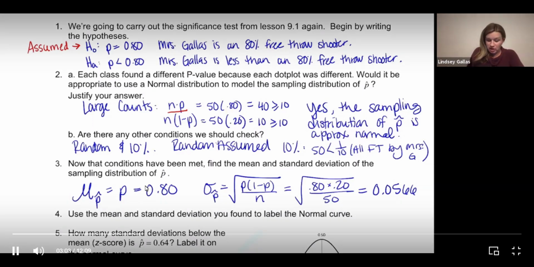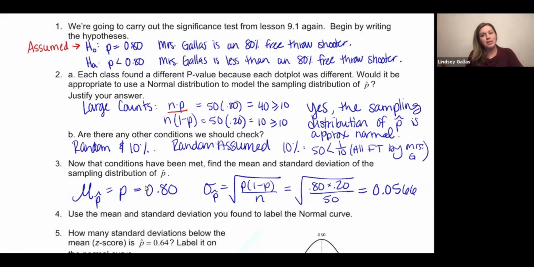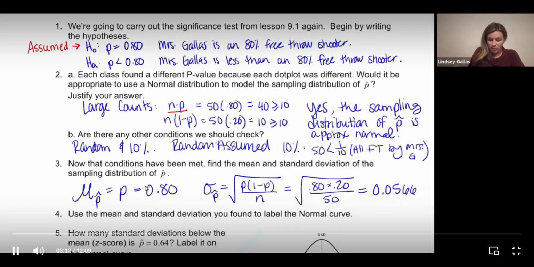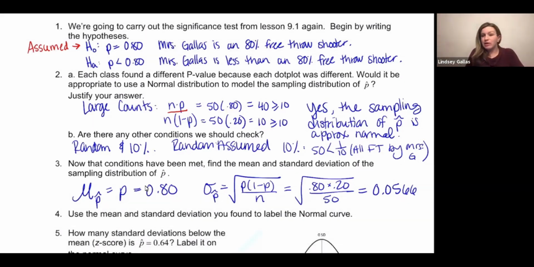For large counts here, make sure you're noting that you're doing n times p and not p hat. I filled in 0.80 and 0.20 for both of those. Both are greater than or equal to 10, so I can use a normal distribution to model the sampling distribution of p hat. I'm going to write in the margin that we are checking large counts, and that is n times p and n times 1 minus p, both greater than or equal to 10.